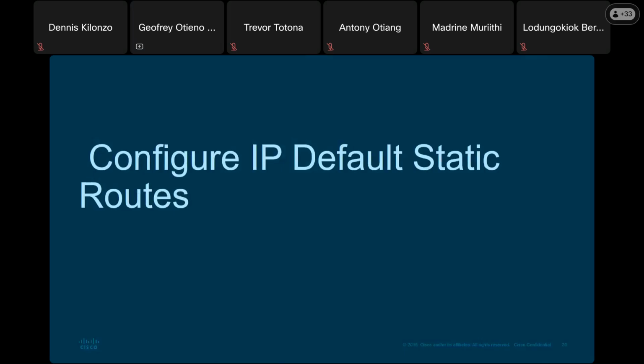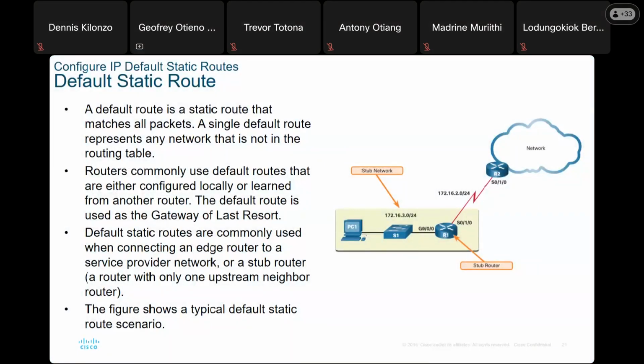Now, for the default gateway, we have the default static route. I know we have used default gateway so much, but you can also set a default static route. Very, very important. A default static route matches all packets.